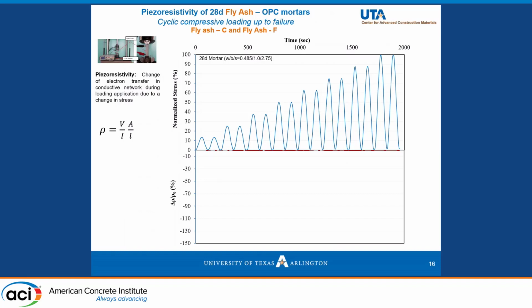We continue with the evaluation of the piezoresistive response of mortars with fly ash type C and fly ash type F. These mortars here don't have CNTs in them yet, and I'm showing their evaluation of piezoresistivity using the fractional change in resistivity.